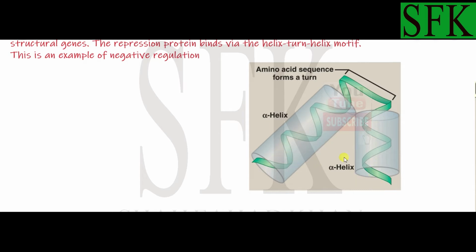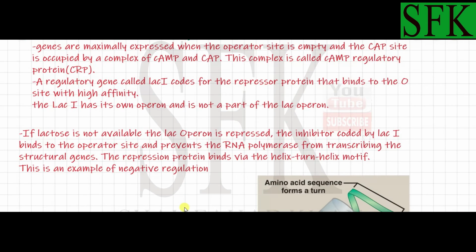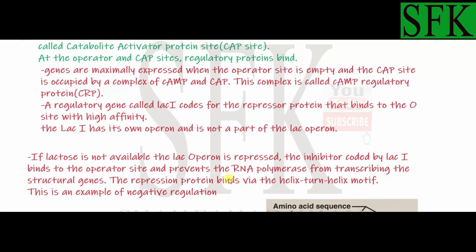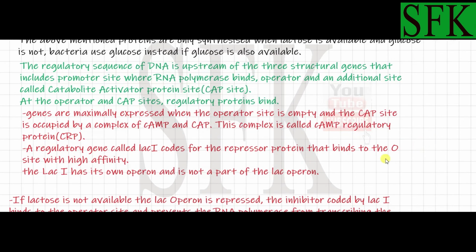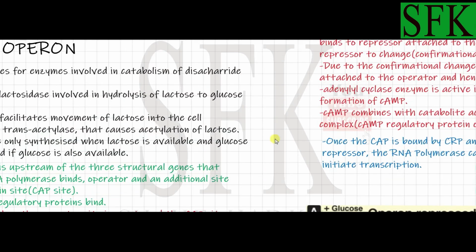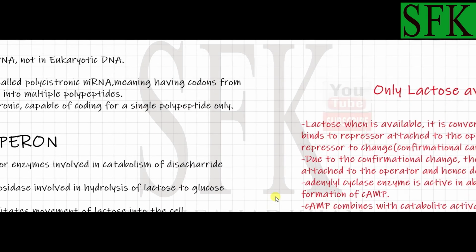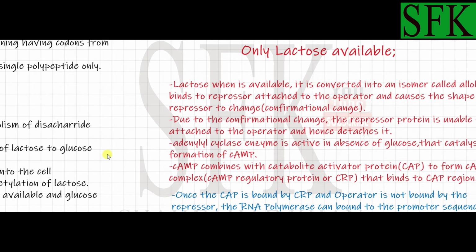The repressor molecule comes and binds to the operator through this motif. So this was one case. When lactose is not available, it's completely repressed and the gene will not be expressed, and this is beneficial for E. coli because it helps it save energy.